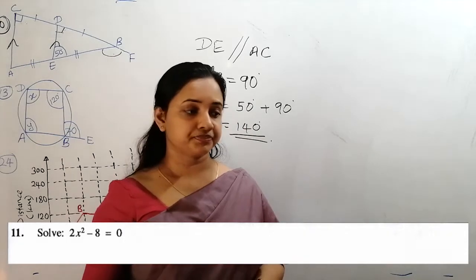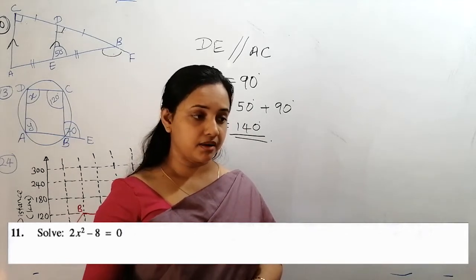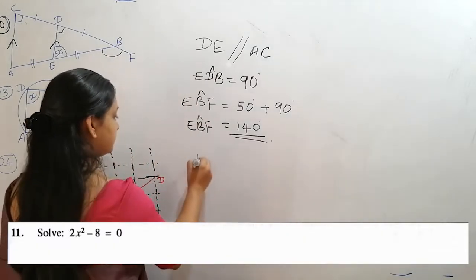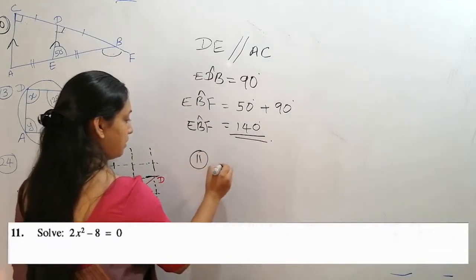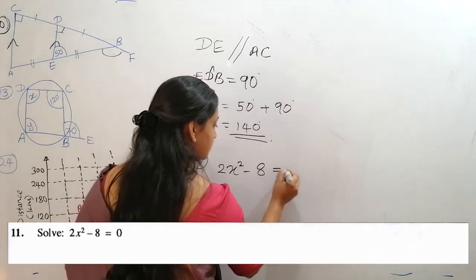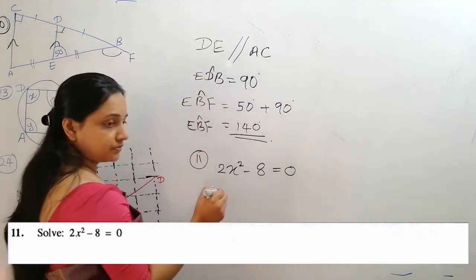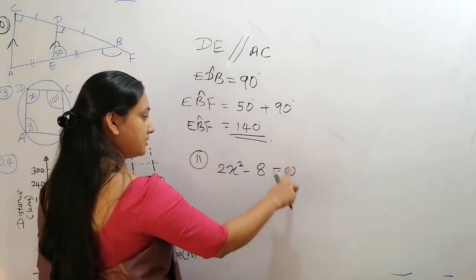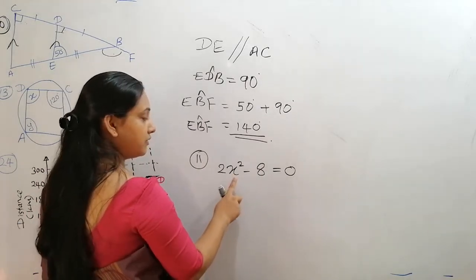Read the question. Solve 2x squared minus 8 equals 0. Question number 11. This is an equation. How can we simplify? We have to find the value of x.